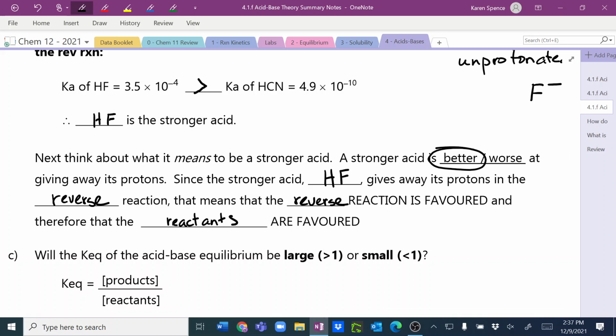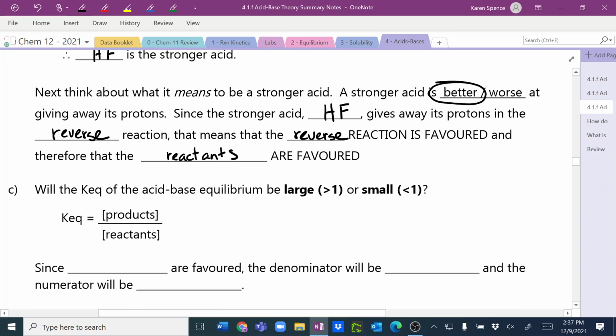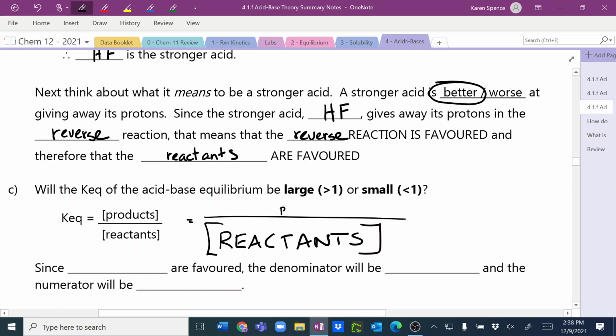What does that mean in terms of our KEQ? Is KEQ going to be large, in other words, bigger than 1? Or is KEQ going to be small, in other words, less than 1? It's going to be less than 1, because if KEQ is products over reactants, our reactants are large and our products are small.